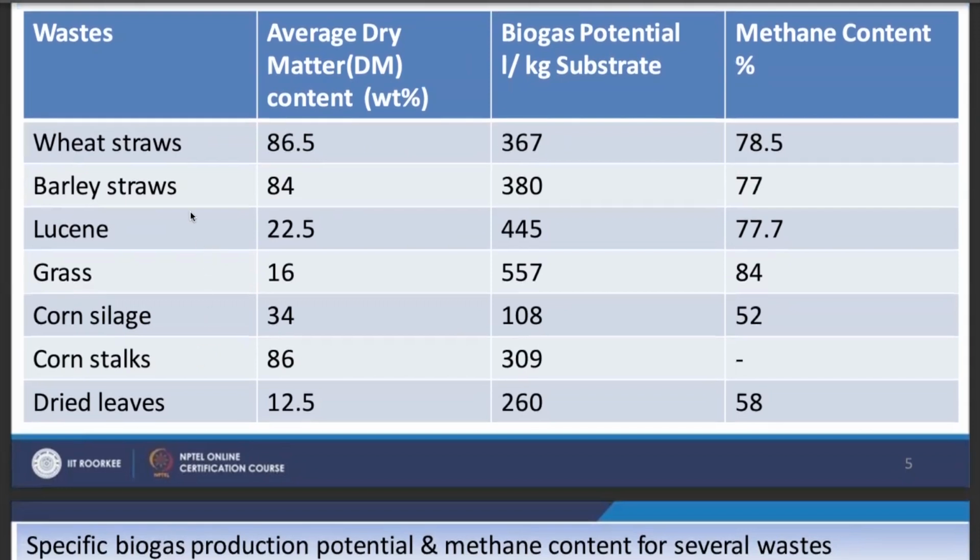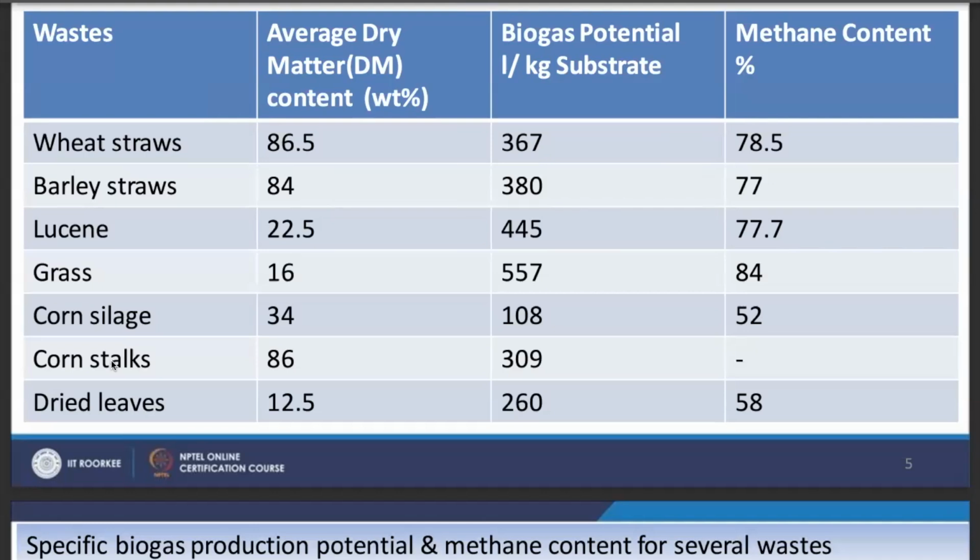Similarly, you can interpret this for every single waste material. You have to see that depending upon the waste material, the biogas potential as well as the methane present in the biogas varies. Why this varies? Because as I mentioned in the introductory slides, that there is a separate discussion for lignocellulosic material, right?